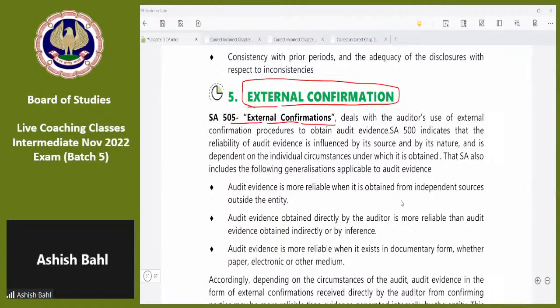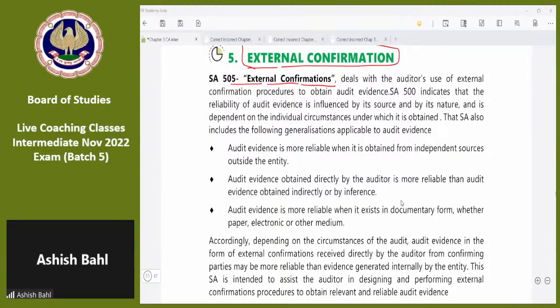So guys, you would appreciate more reliance, obviously, audit evidence is more reliable when it is obtained from independent sources outside the entity.